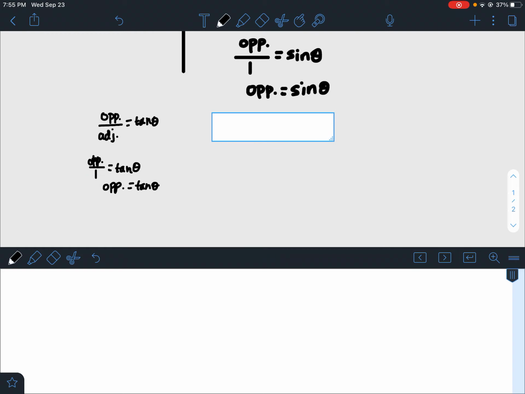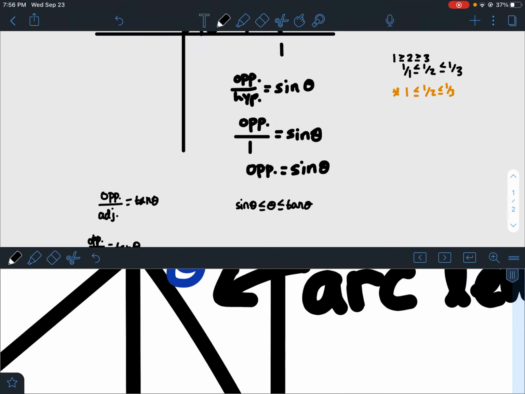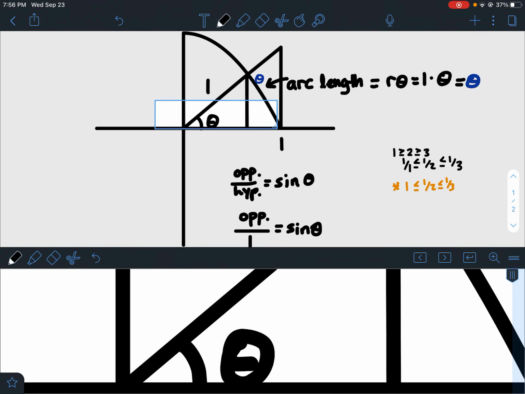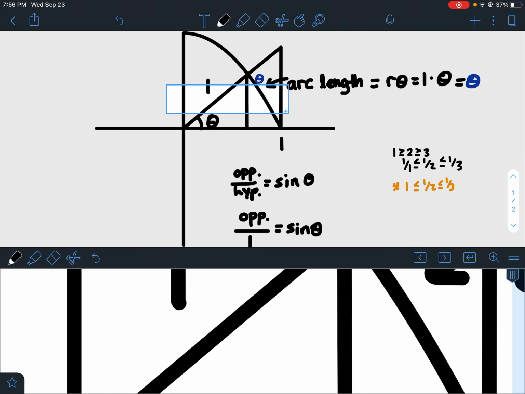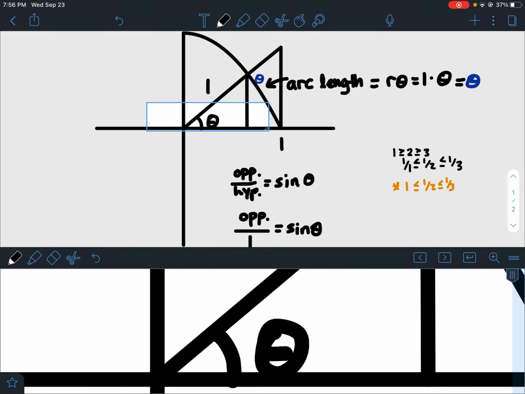Since we have that same thing, we can set an inequality saying that the sine of theta is greater than or equal to theta, which is greater than or equal to tangent of theta. And the reason why we did that was, first, we have our little triangle. Between, we have our angle, and then we have our big triangle.